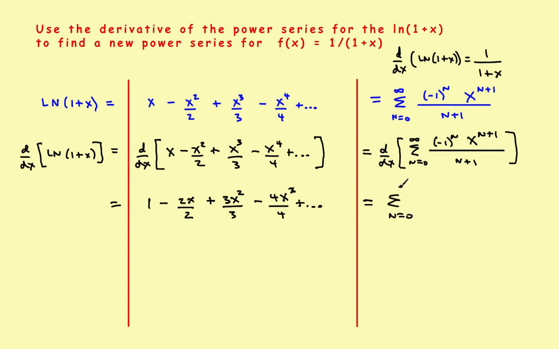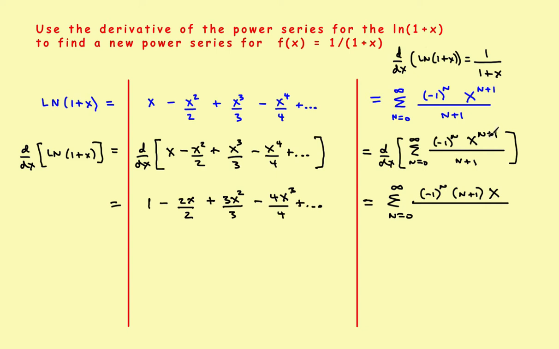Now over here, when you take the derivative of this one, it'll give us a summation as n equals 0 to infinity, and we'll have this. Now, this is a constant, so you can just leave it alone. So minus 1 to the n power, and just apply the power rule to this. So take the exponent and bring it down in front. The exponent right now is n plus 1, so we'll bring that exponent down in front, and it'll give us this.